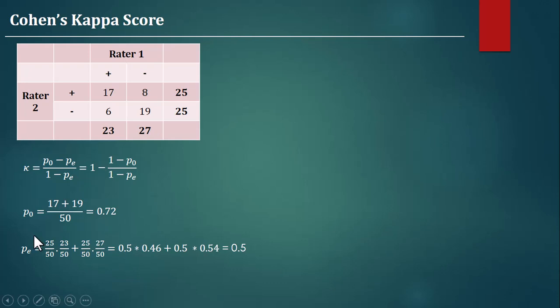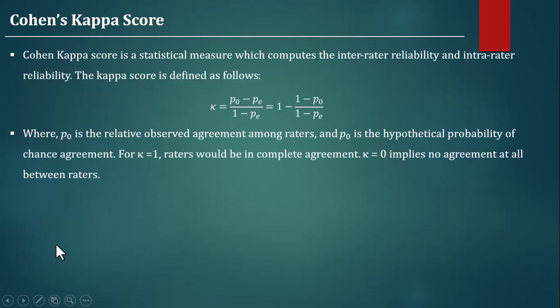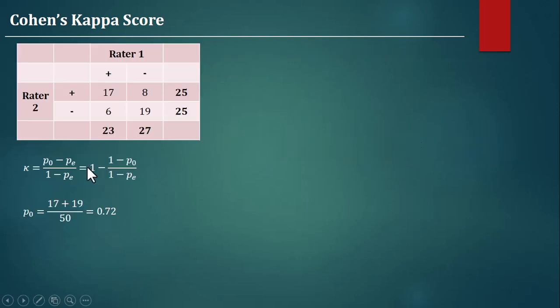And PE, that is the hypothetical probability of chance agreement, is computed in this way. First we need to compute the marginal probabilities, or margins. So this is 25, 25, 23, 27. First we do it for the positive class, that is 25 divided by 50 and 23 divided by 50.